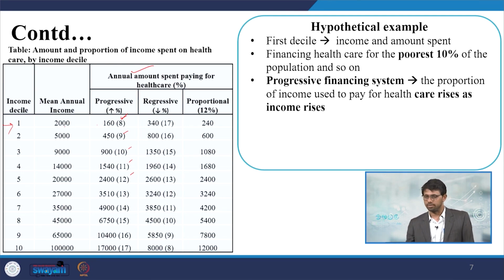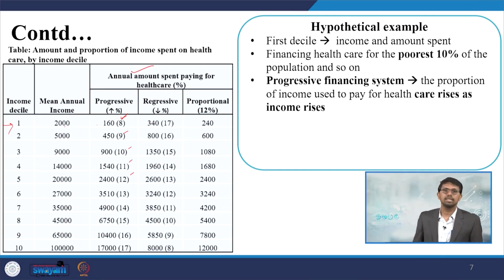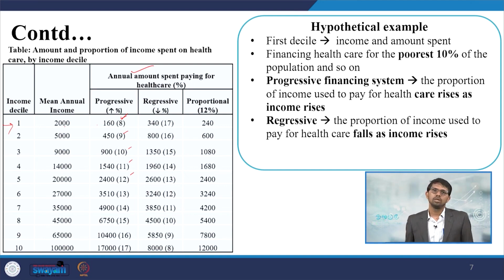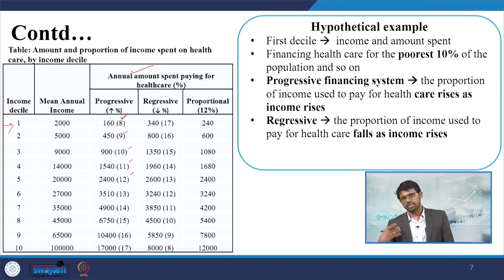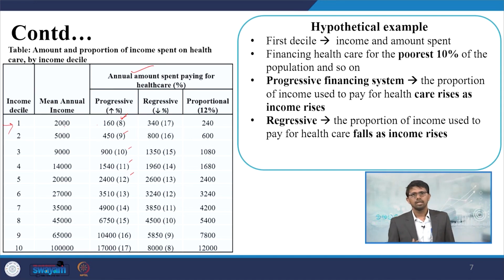Hence, it is progressive. In a progressive finance system, the proportion of income used to pay for healthcare increases as income increases. Just the reverse happens in the case of regressive healthcare spending. If you compare income and healthcare spending, you will see the regressive trend: as income increases, the percentage of spending on healthcare declines.